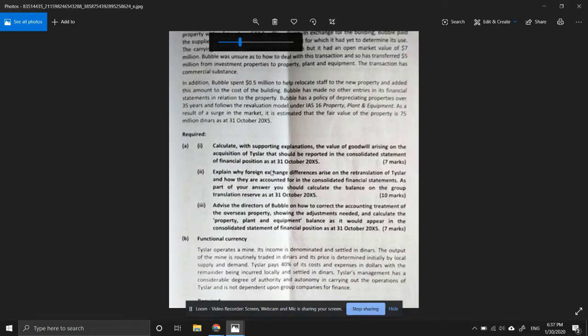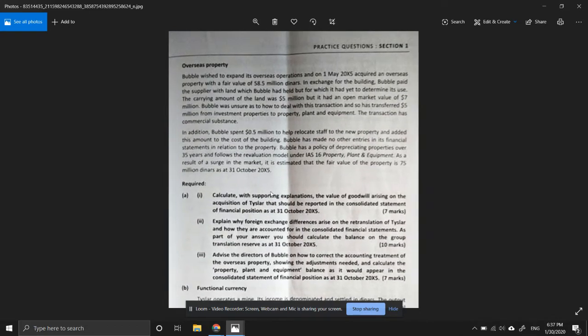So what do we need to talk about? Overseas property. Bubble wished to expand its overseas operations and on May 1st, 20x5, which is the middle of the year, acquired an overseas property with a fair value of 8.5 in exchange for a building.